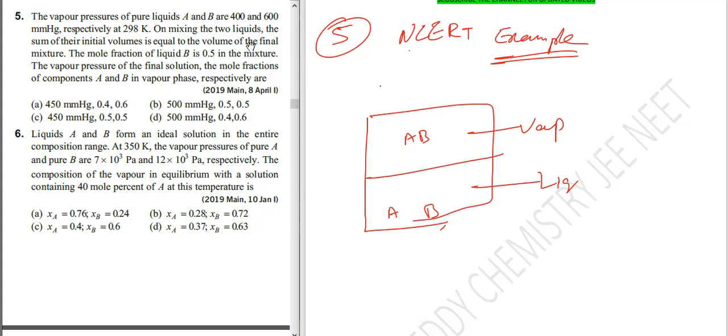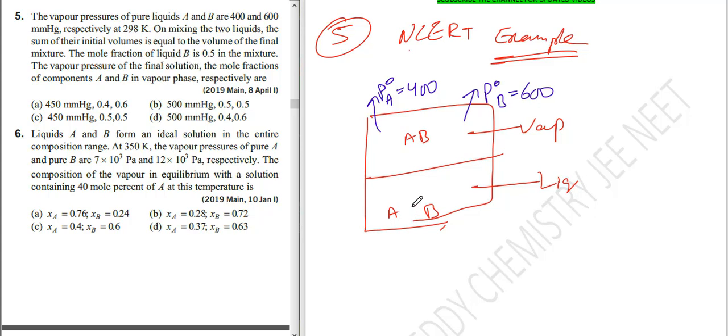So the vapor pressure of pure liquids A and B are 400 and 600. That means P naught A is 400, P naught B is 600. On mixing two liquids, the sum of their initial volumes is equal to the volume of the final mixture. The mole fraction of liquid B is given as 0.5.